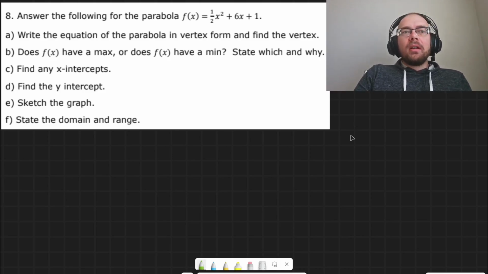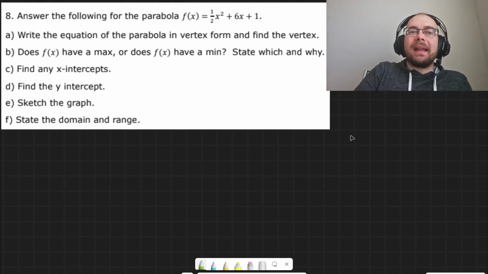We are on number 8, answering the following for the parabola f of x equals 1/2 x squared plus 6x plus 1. Right off the bat, any time the quadratic or parabola is in standard form, ax squared plus bx plus c, the c is the y-intercept.